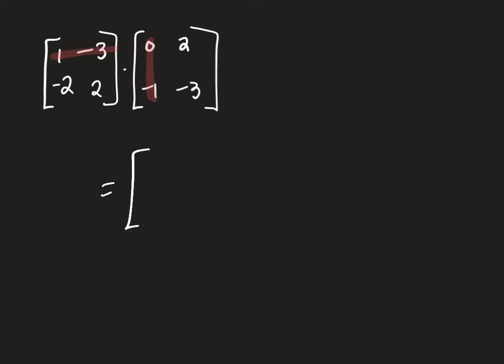So that's going to give us 1 times 0 plus negative 3 times negative 1. Then we're going to go across and then down this column. So that's going to be 1 times 2 plus negative 3 times negative 3.